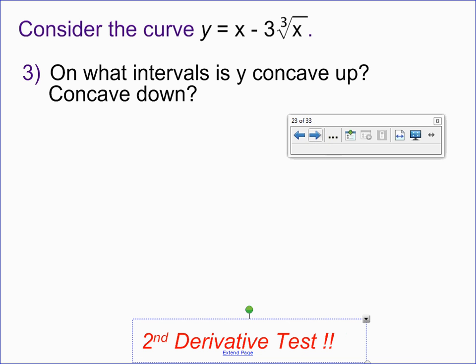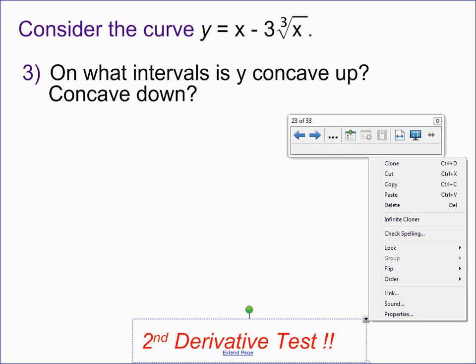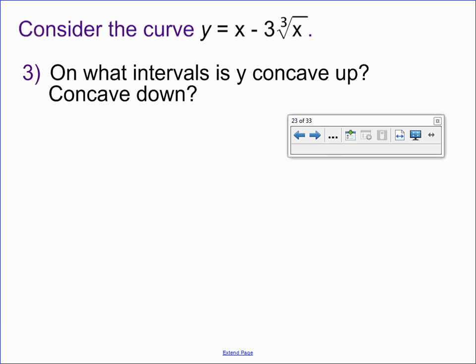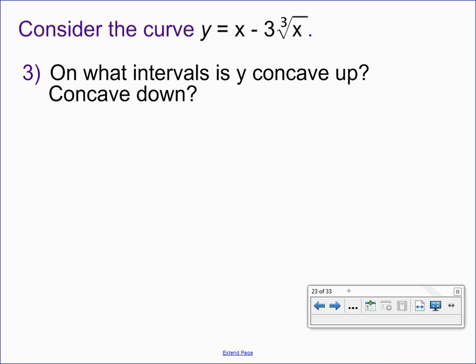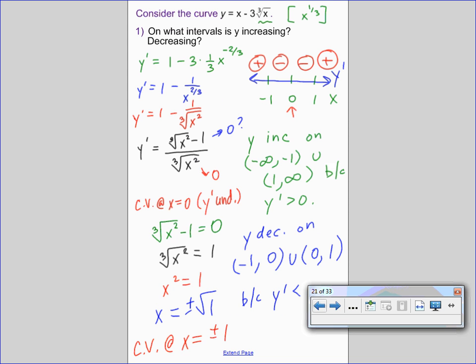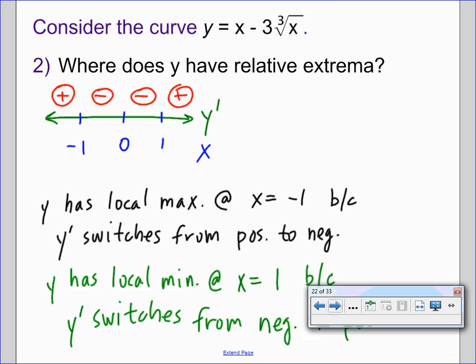So let's go ahead and import that quickly, you guys. We had our y prime given by 1 minus x to the negative 2/3. Is that right? 1 minus x to the negative 2/3, yes? Okay, let's differentiate that to get our y double prime.